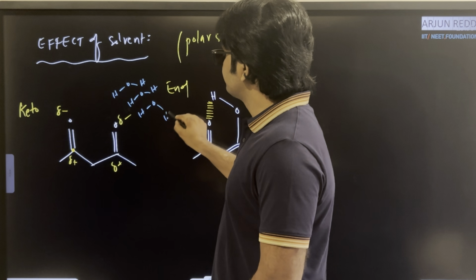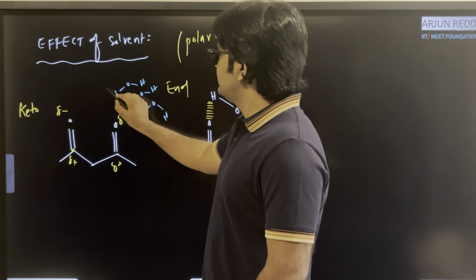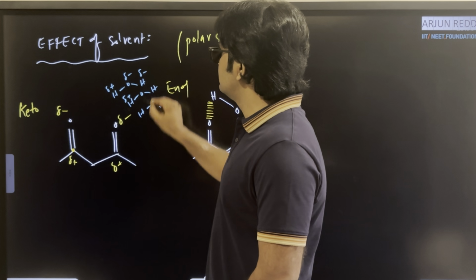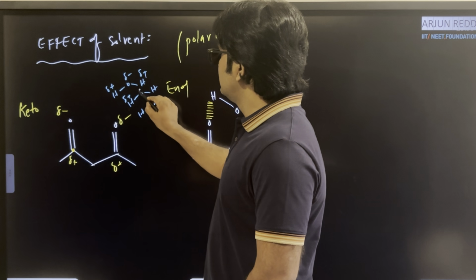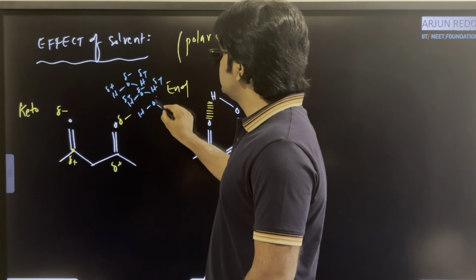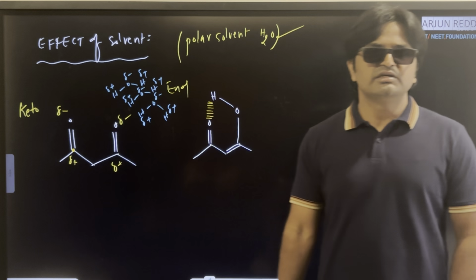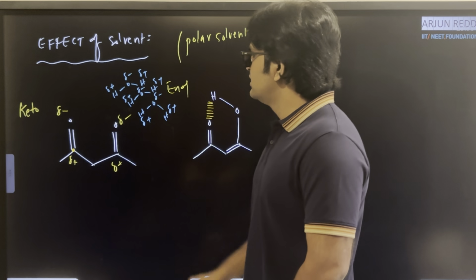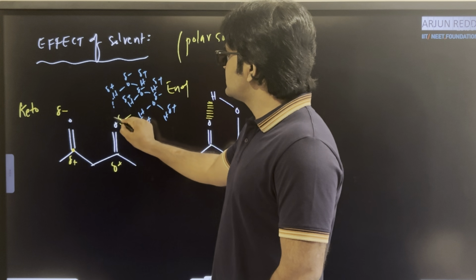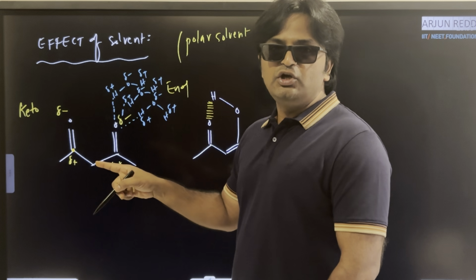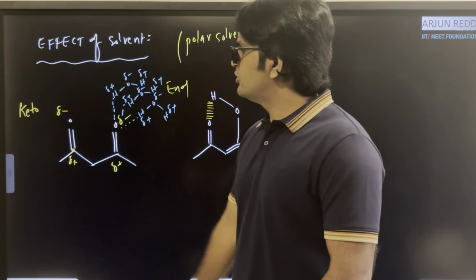What is the use of this polar solvent? It has delta plus hydrogen, delta minus oxygen, delta plus hydrogen. Delta is nothing but partial positive charge and partial negative charge. Now here this water molecule is solvating this negative charge. Your carbonyl compound in keto form is highly solvated with the polar solvent.